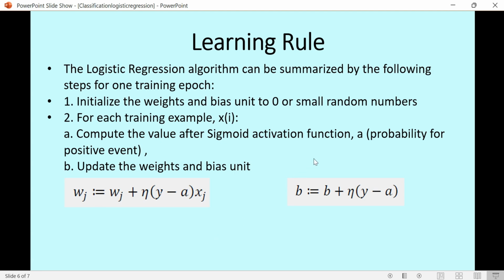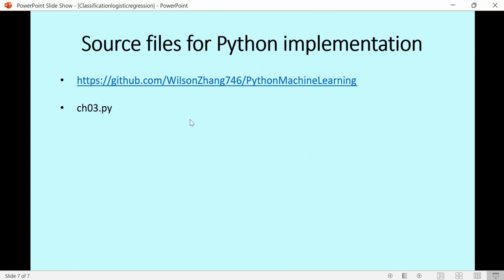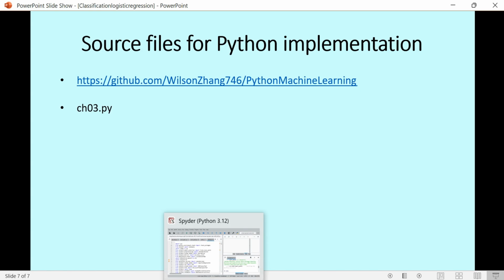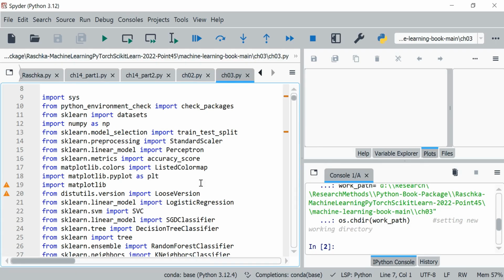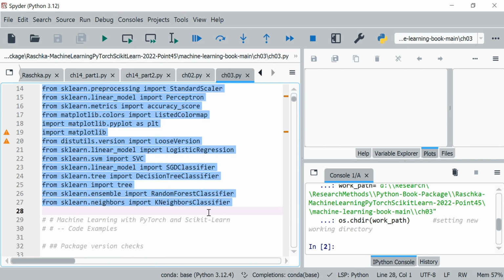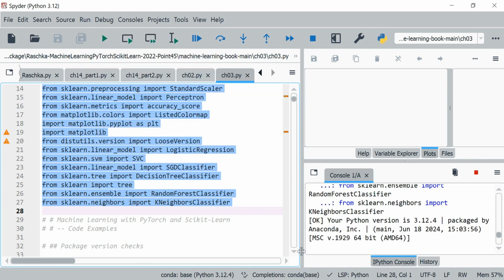Next, we will show how to implement such an algorithm for logistic regression in Python. If you are interested, you can get the Python files from this link. So we go to Python. From this file, we load all the required packages or modules.